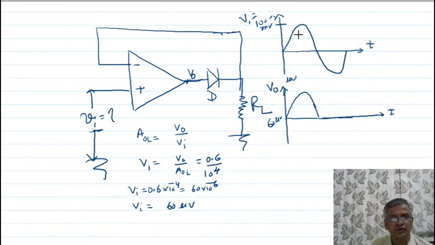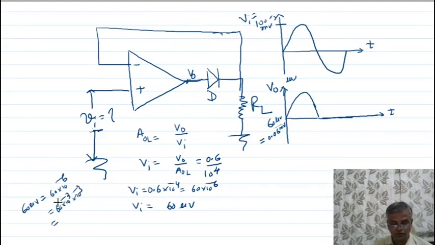60 microvolt, 60 into 10⁻⁶, can be written as 0.06 into 10⁻³, so this is 0.06 millivolt.